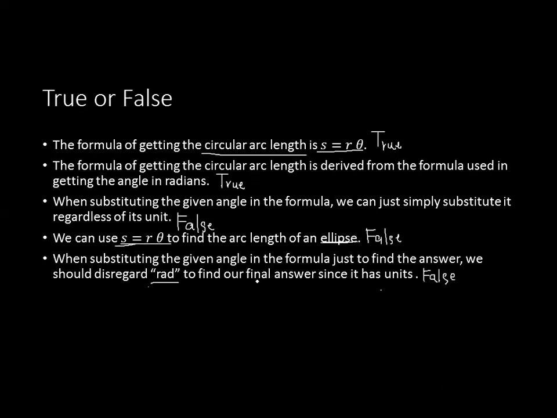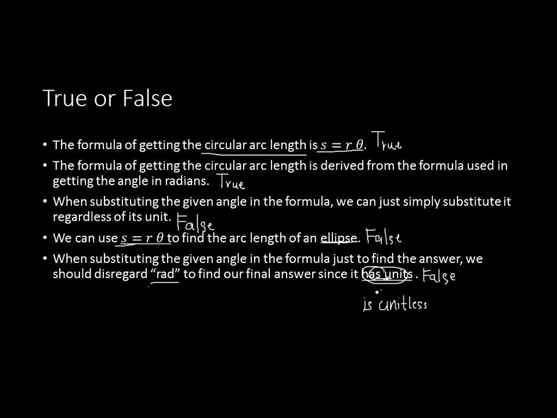This statement should be completely true if this phrase here should be "it is unitless." It states here that we should disregard radian to find our final answer since it has units.